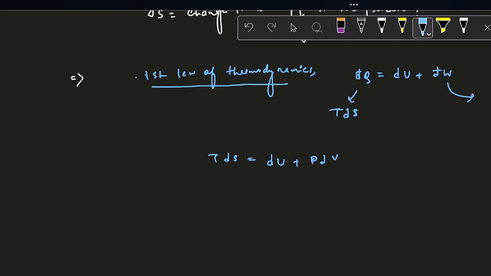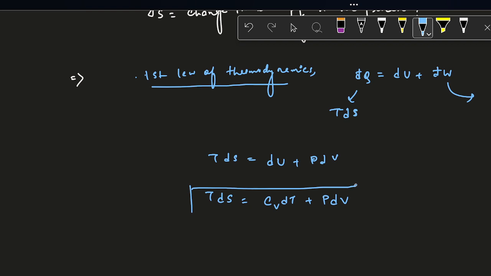There is a subscript V in Cv, so it is just del U del T at constant volume V. By this, if we have to get dU, it will be just Cv times dT and nothing else. Substituting that in our main equation, we get TdS equal to Cv dT plus P dV.